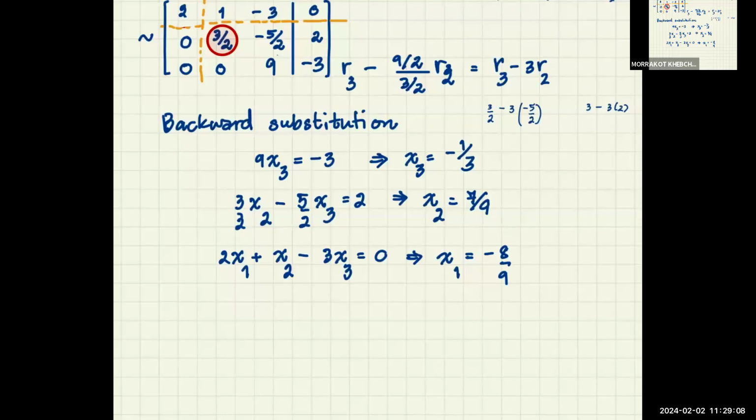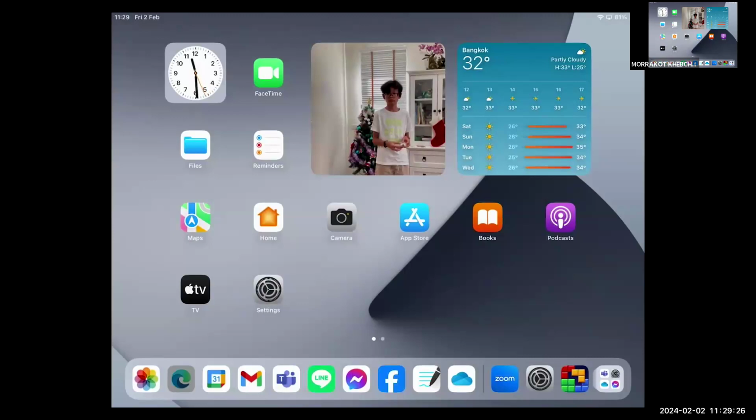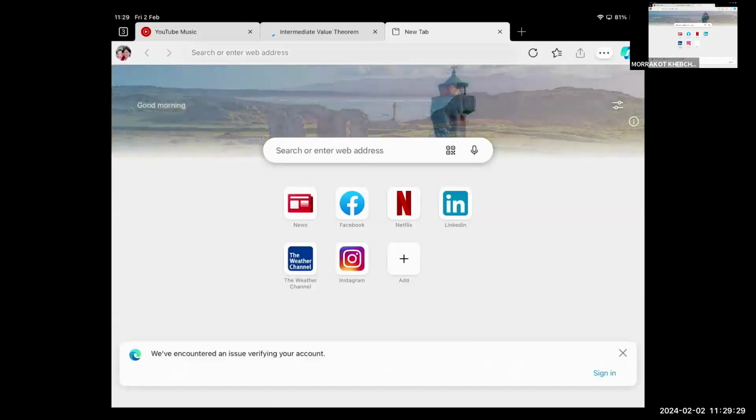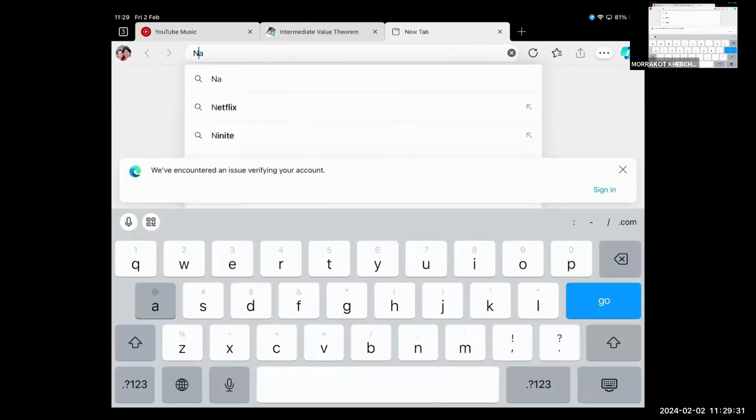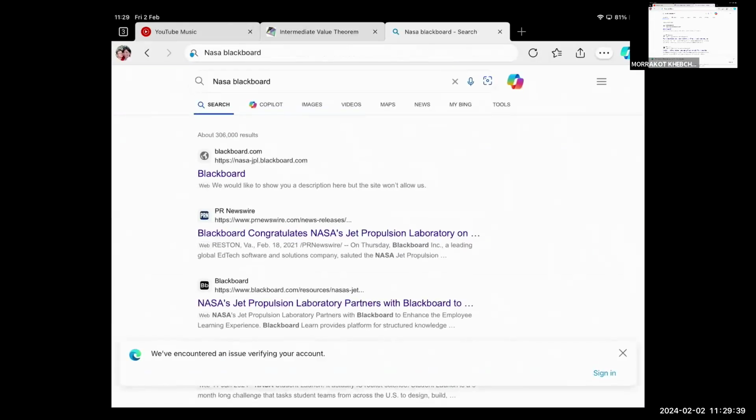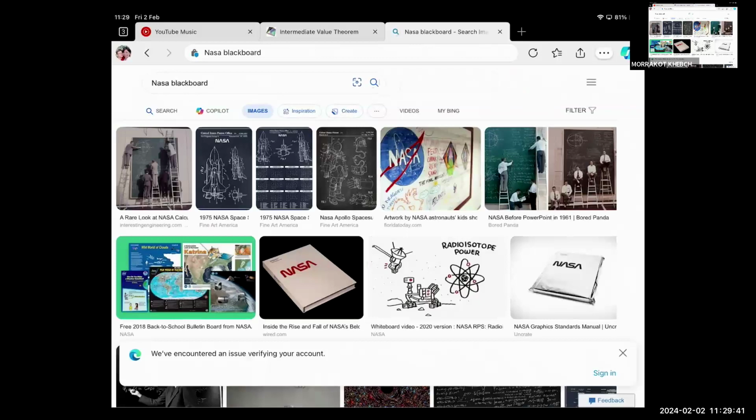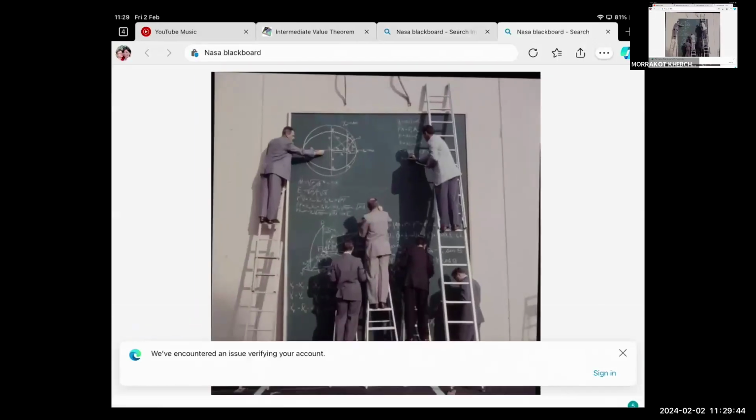Okay, so you have your computer nowadays. In the old days, they don't have the calculator, right? Have I ever showed the picture of the NASA when they do the calculation? I love to show. Let's see if I be able to find. I like this picture.